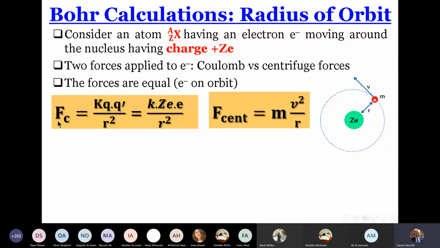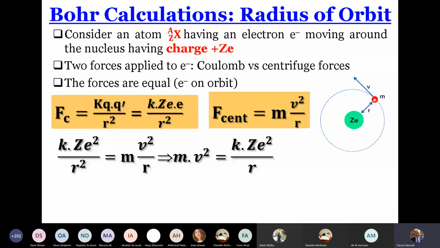As I said, the proof of this formula is not requested this year, so you will take only how to apply it. We will find that the radius of the orbit is R equals a constant A times n square divided by Z.